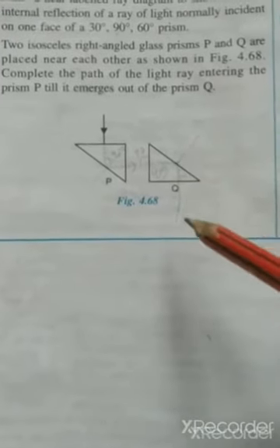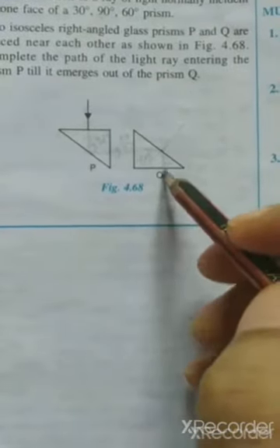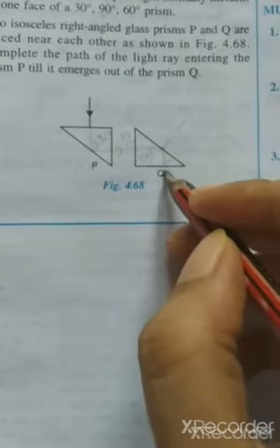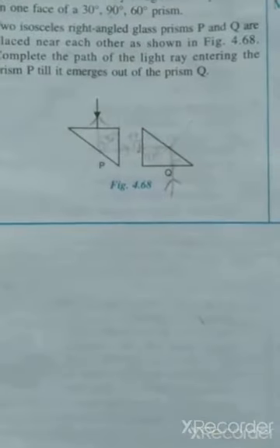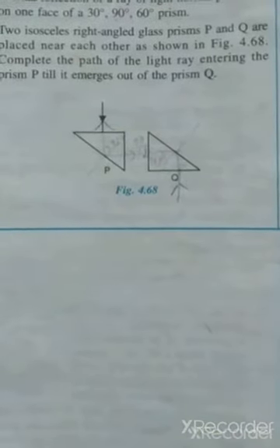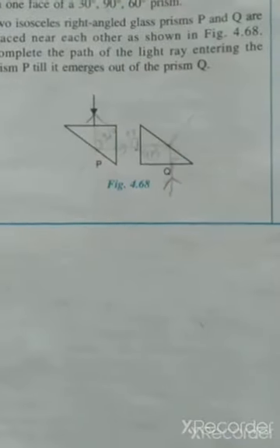By the principle of reversibility we can say that if the path of the ray of light is like this, the same path the ray of light will follow if it enters from here. So again the ray of light will emerge like this. Clear? By the principle of reversibility the ray of light will follow the same path.